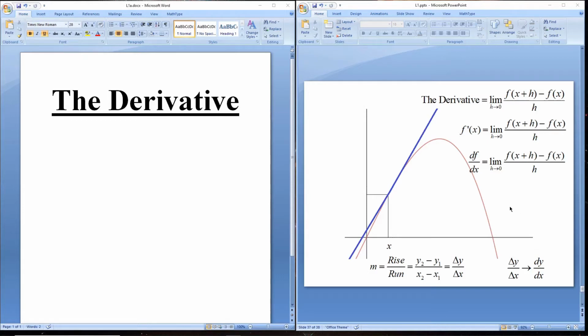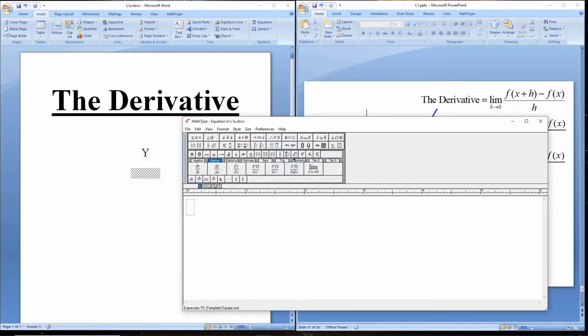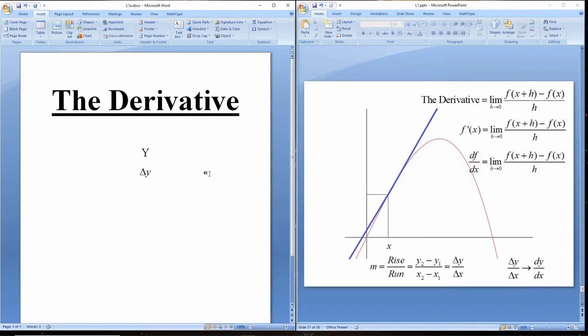And let me just say that one more time. If you just write y down, that's a function. If I would write delta y down, that means the change in y. So y is the function. Delta y would mean the change in y.